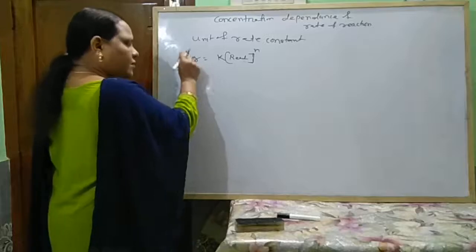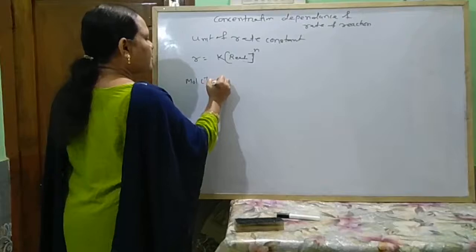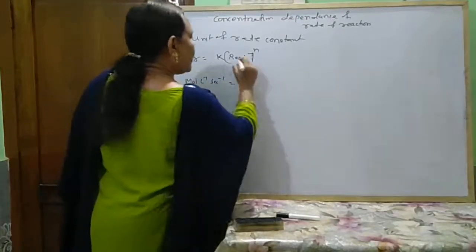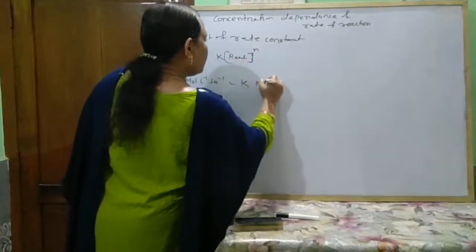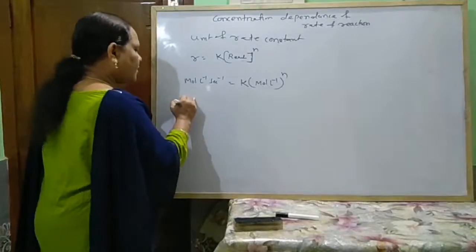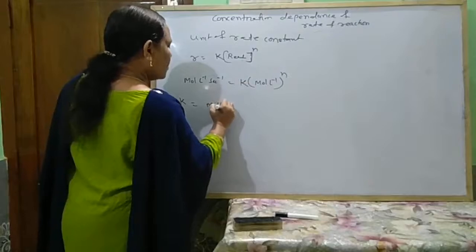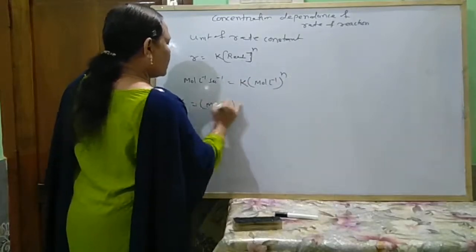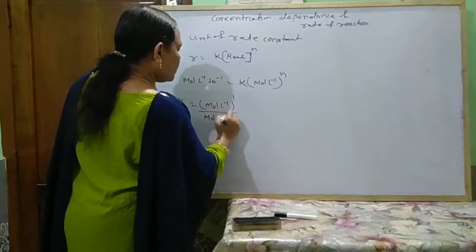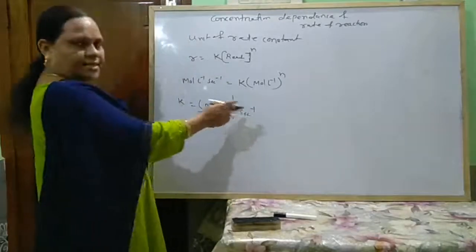So what is the unit of rate? That is equal to mole liter inverse second inverse, that is equal to K. Here the concentration term is mole liter inverse to the power n. Then what is K? K equal to mole liter inverse to the power 1 by mole liter inverse to the power n, second inverse, or you can say time inverse.